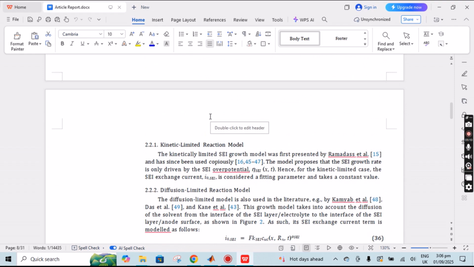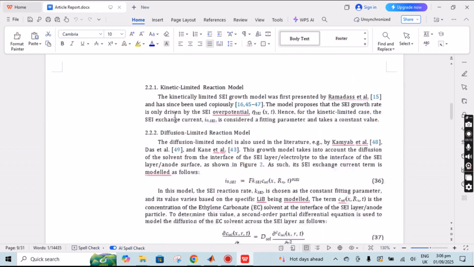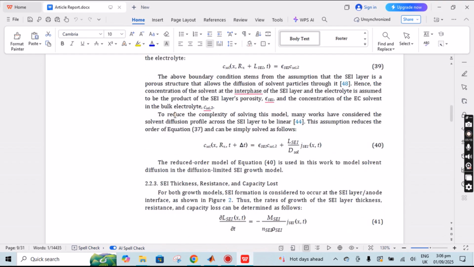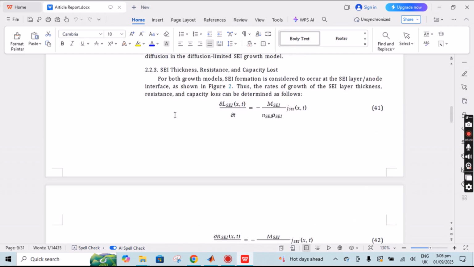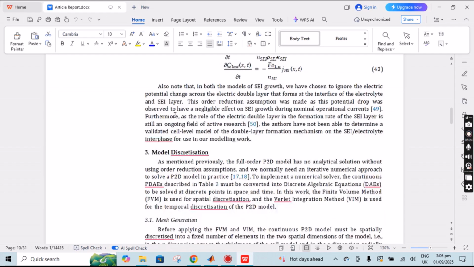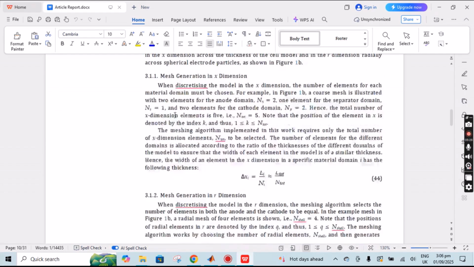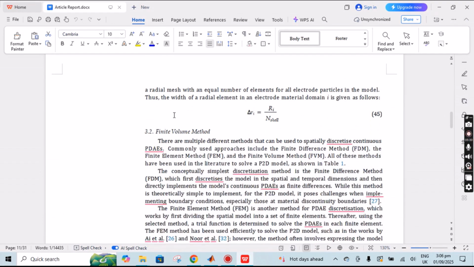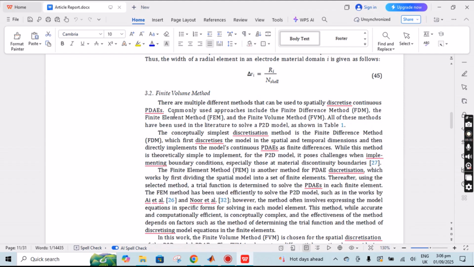So these are the reaction models explained here, the diffusion limited reaction model, as well as the SEI thickness, resistance, and capacity loss. All the equations and their complete description are added in this paper. You just need to read that paper and you will understand what is happening in our case.